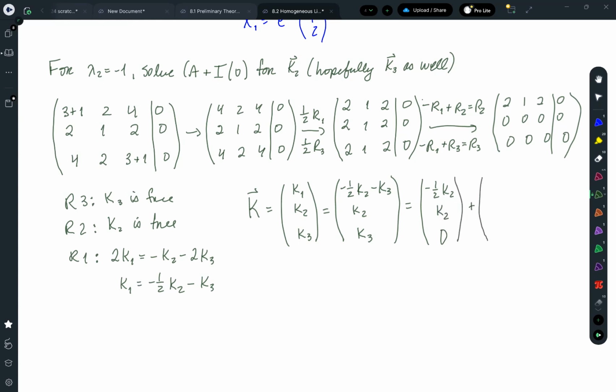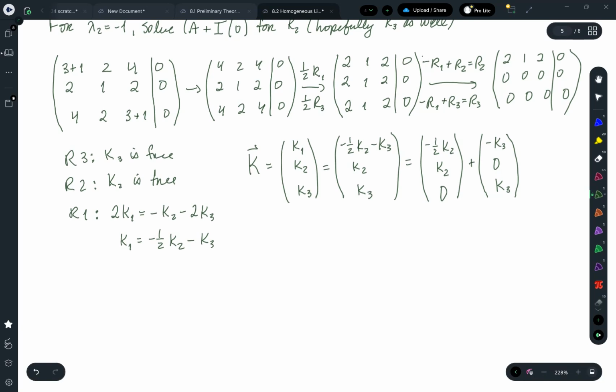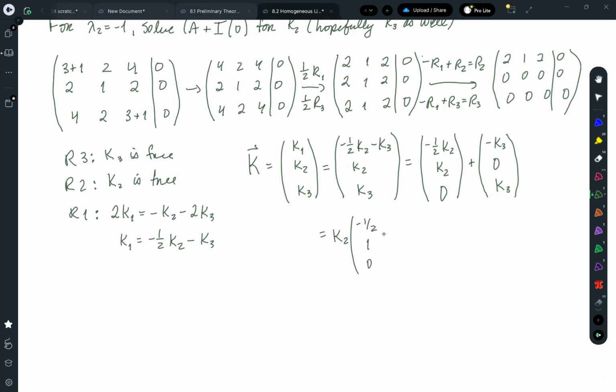Plus the second vector, the K3 components are minus K3. There's no K3 in the second row, so it's a 0. And the third row is a K3. Okay. Now I'm going to factor out the K2 and the K3. When I factor out the K2, I get a vector that's a negative 1/2, 1, 0, plus a K3, and then that leaves behind a negative 1, 0, 1.